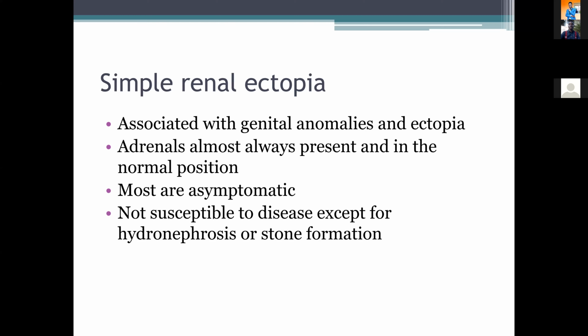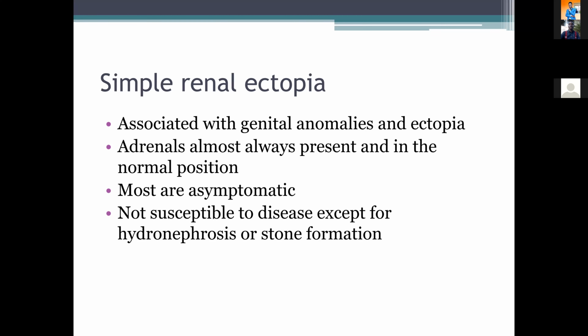Okay. So the simple ectopia may be associated with congenital anomaly position because they arise from totally different tissues, and then most of them are asymptomatic, of course. But usually, I like to warn people that sometimes you have several things happening at the same time.